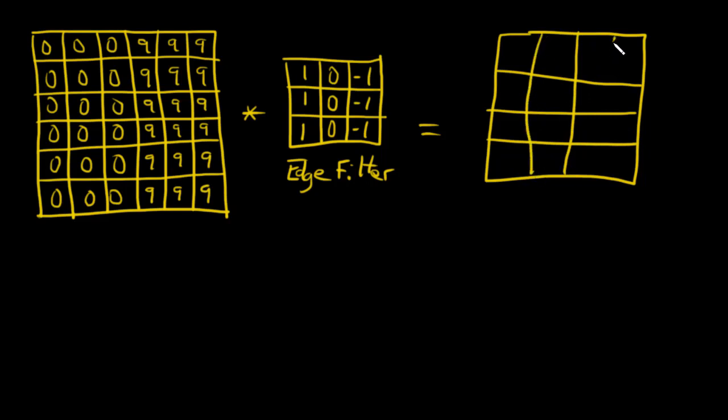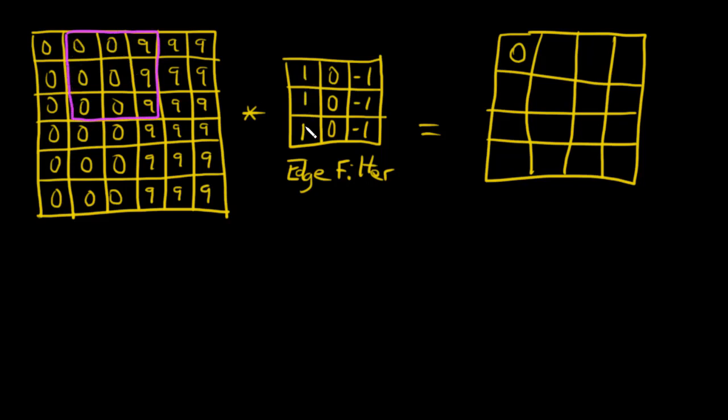So here we go. Worst 4x4 grid ever. All right. So when I first move it across, I'm going to convolve the filter with this initial set right here, and I'm going to wind up with a 0. And then here's where it gets interesting. When I move over to this group, I'm going to get something different.